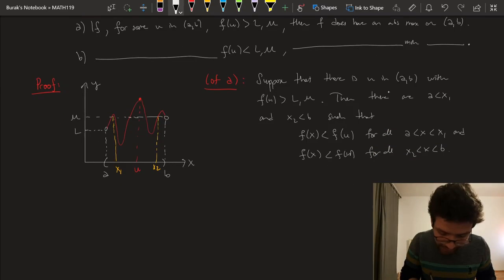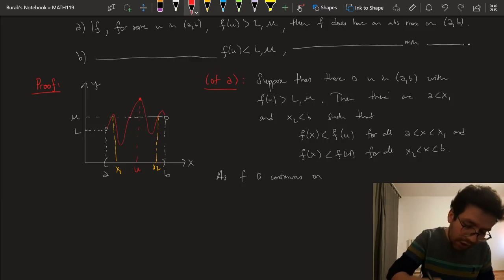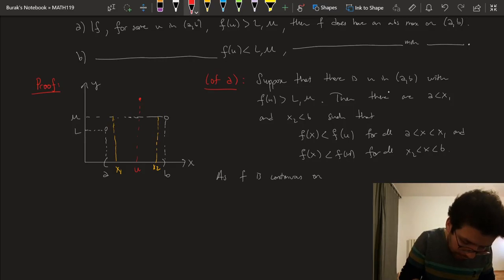Now, as f is continuous, okay, let me change the picture again.